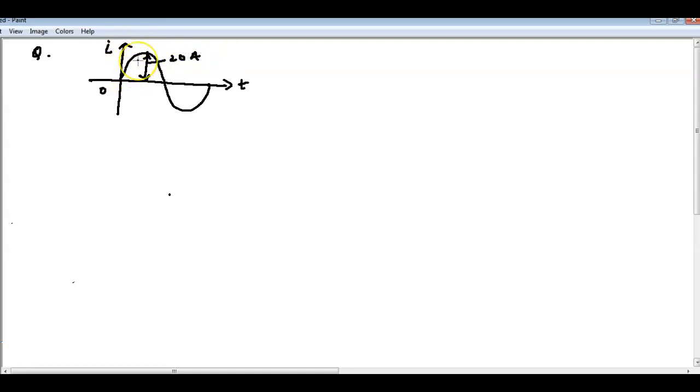So in the last lecture we have done till the RMS values and average value of current, right? Now in the question, sometimes they ask in the graphical way like this. An AC circuit is given here, and the current and time graph is given, with this value 20 ampere, because this is the current graph, so definitely the current will be 20 ampere, and this is pi and this is 2 pi.